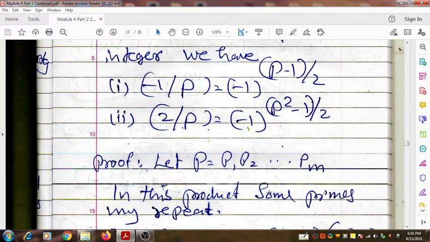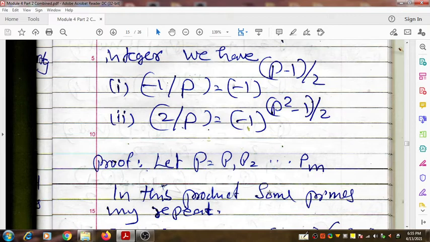Okay, then one by one we can derive these values, but before starting our derivation, let's write the given number, the composite number, as the product of prime numbers.